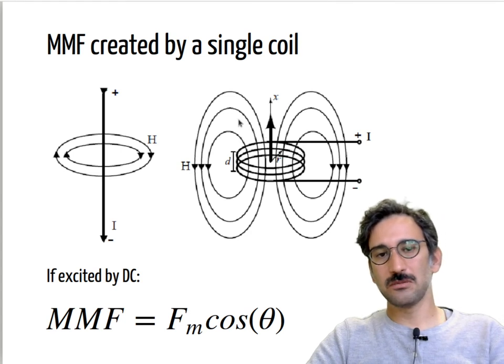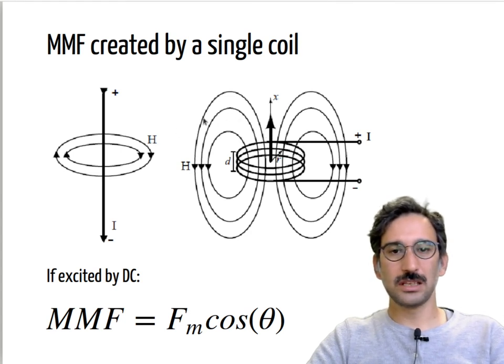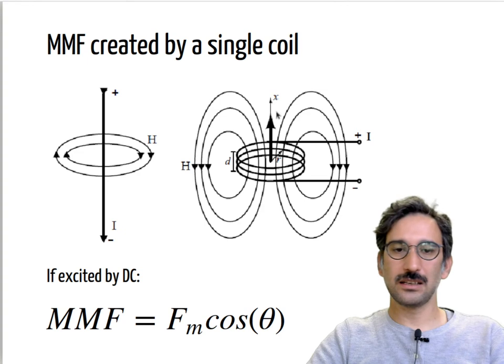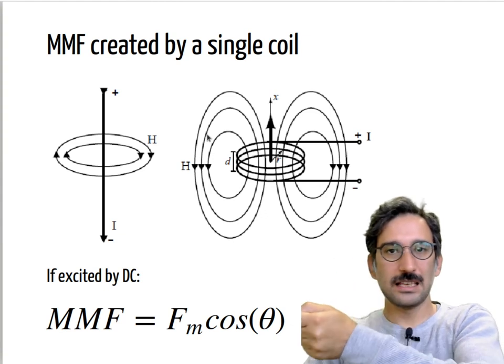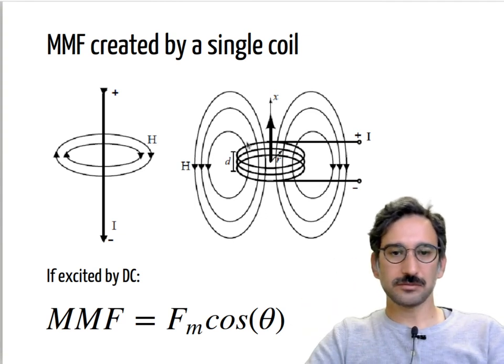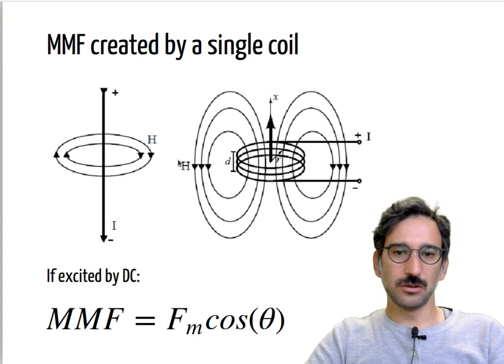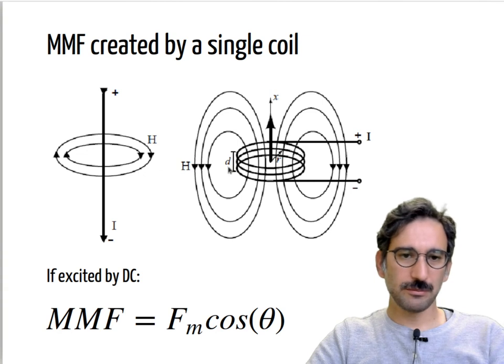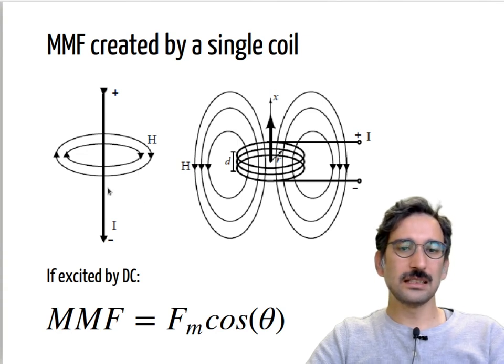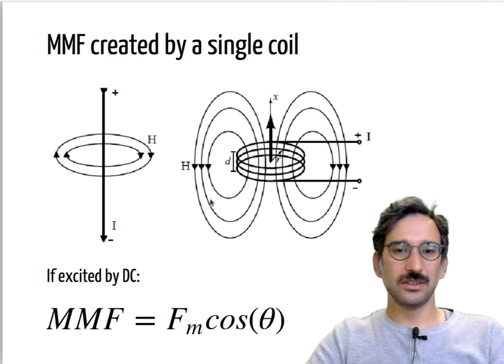However, if you start moving away from here, if you rotate along that direction or the other direction, you will have slightly less flux density. If you come closer to the horizontal axis, the flux linkage will be less.